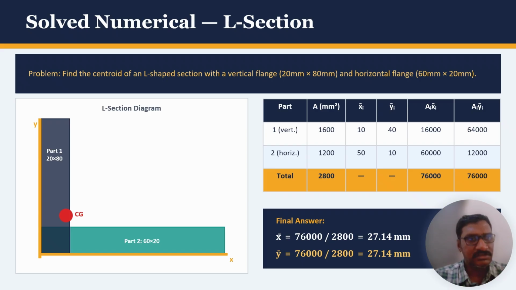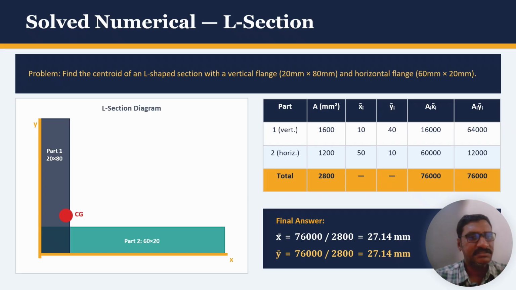If you observe the totals, sigma Ai equals 2800 mm square. Similarly, sigma Ai into X bar i, here we have 16,000 and 60,000, and the total is 76,000 mm cube. Similarly, sigma Ai Y bar i equals 64,000 plus 12,000, that equals 76,000. Then apply the formula, as we know X bar equals sigma Ai X bar i by sigma Ai.